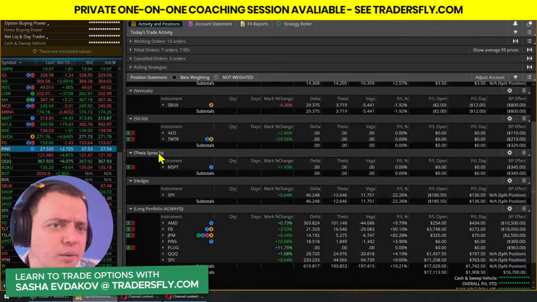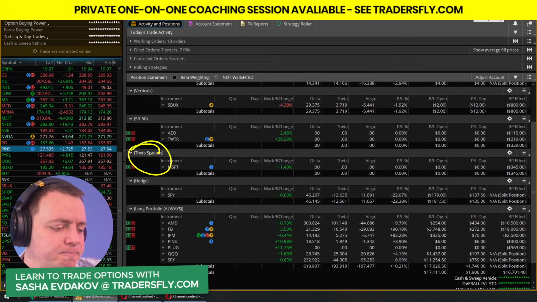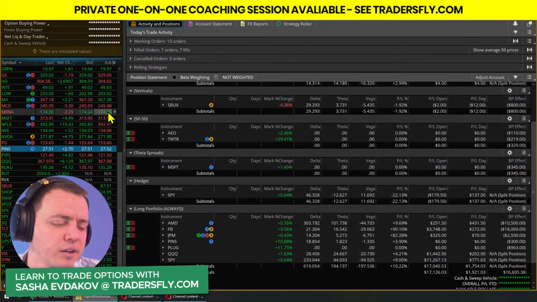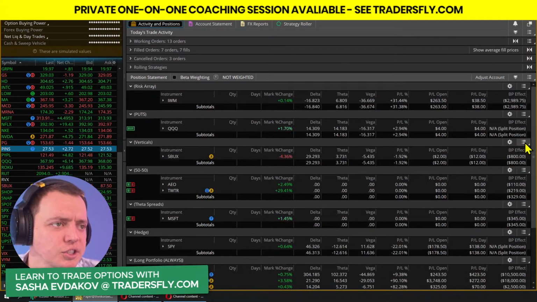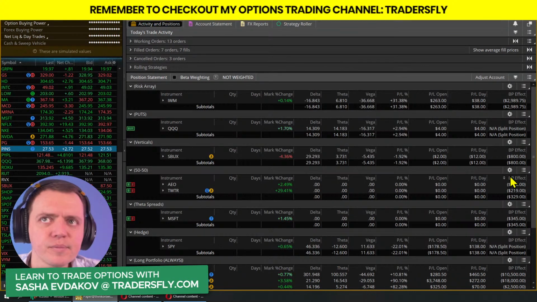You're putting a little bit of capital into theta spreads, some into 50-50 or directional spreads. Some of these would be on the vertical side. So let's just call this selling premium.